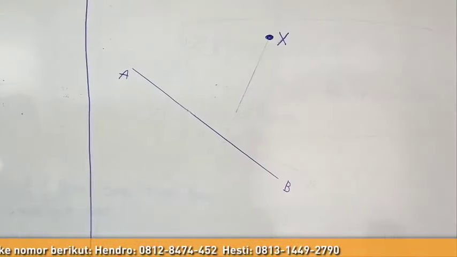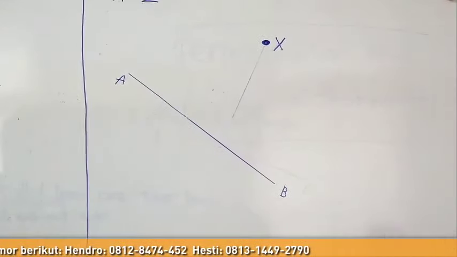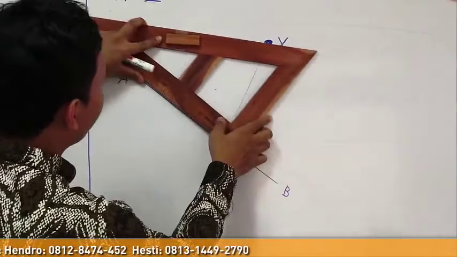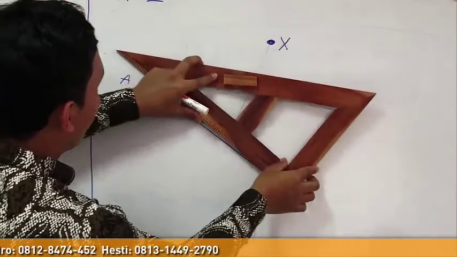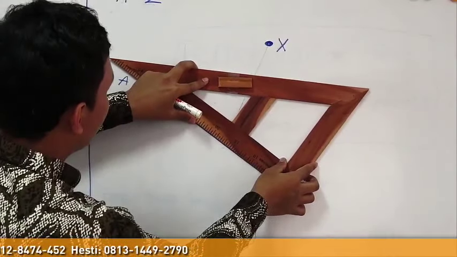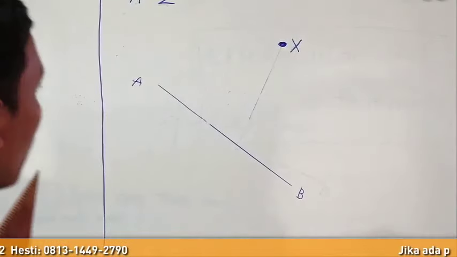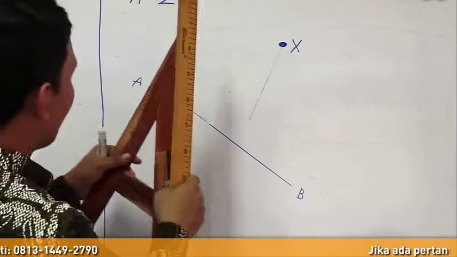All right. And then take your set square. Take your set square here, and don't forget to take your ruler.